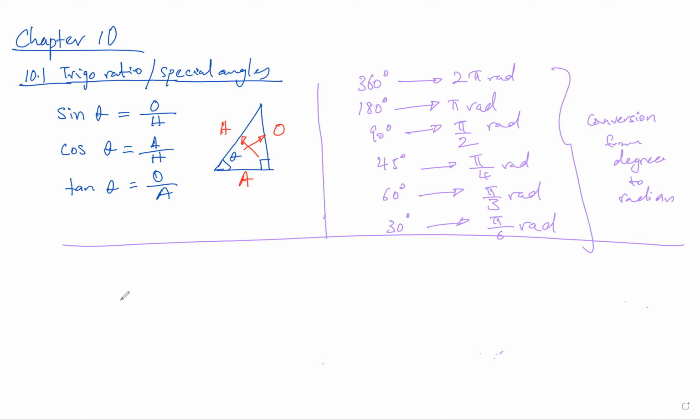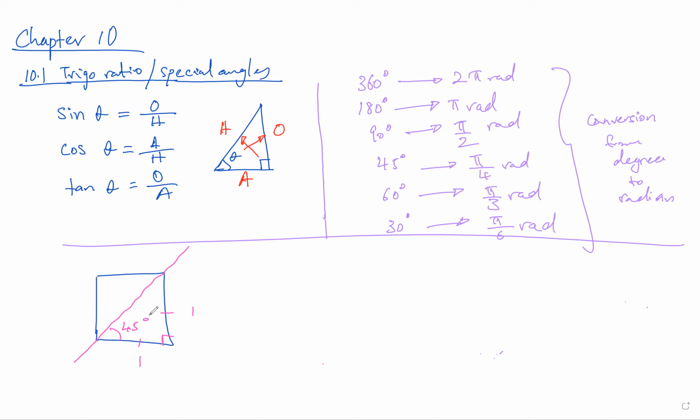When we talk about special angles, there are only two types of triangles that should come to your mind. First is a square. I cut the square into half. So this becomes 1, this becomes 1. This is right angle, this is 45 degrees.